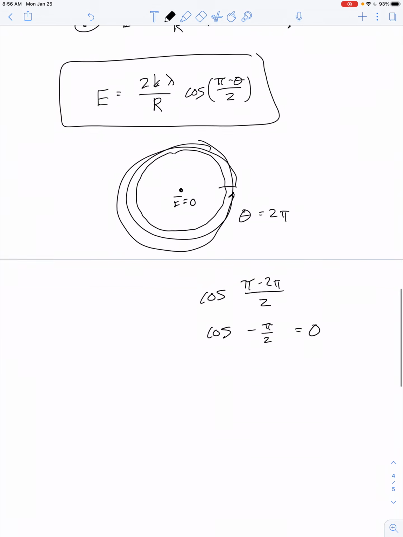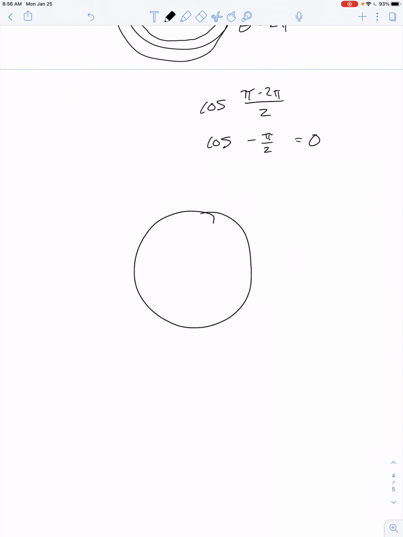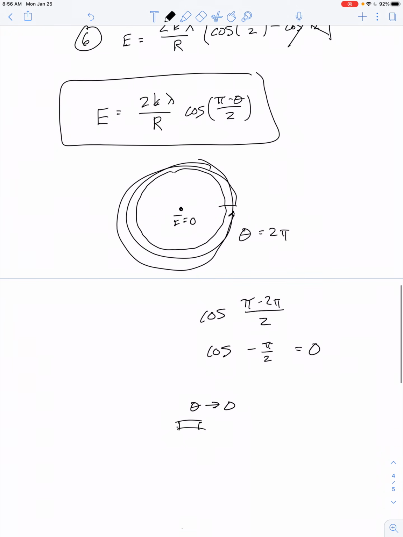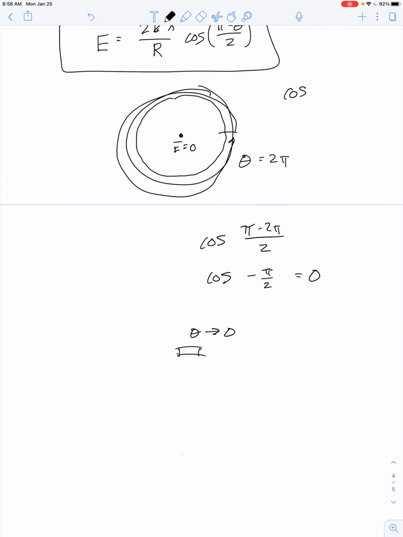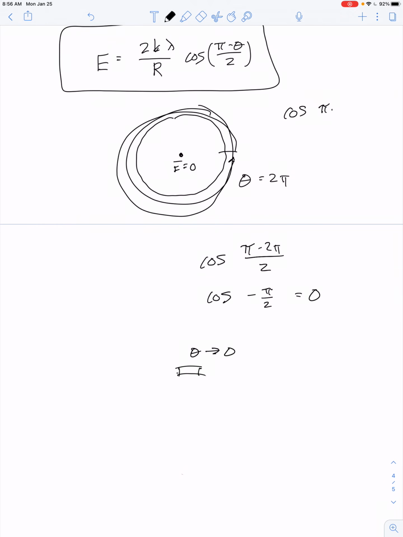What if we take the case, forgive me for making this sloppy, where we shrink it way down so it's hardly anything at all, so that theta approaches 0. Then we'd be taking the cosine of pi minus 0 over 2, which again is cosine of pi over 2, which is 0.